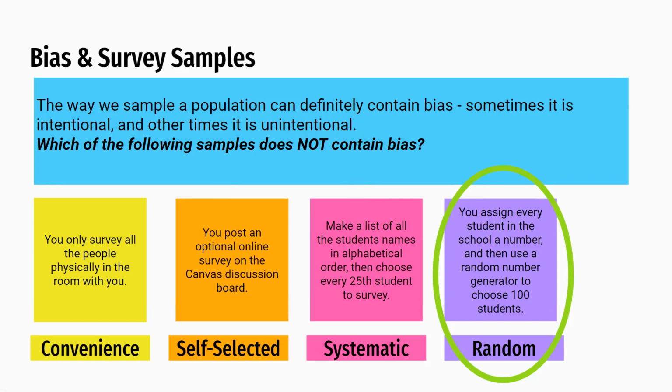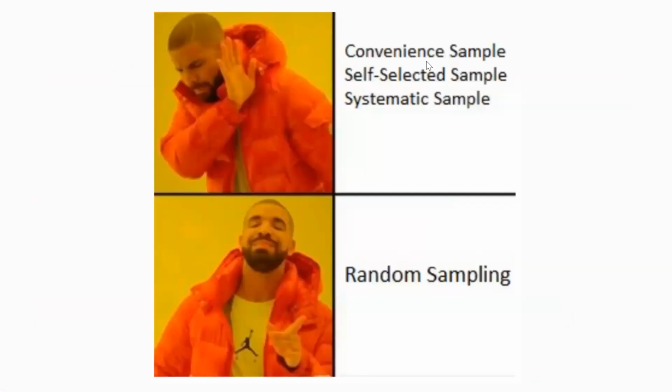If you assign every student in the school a number and use a random number generator to choose 100 students, everyone's equally likely. There's no way to have any inherent bias in that type of sampling. And ultimately, that's the kind of sampling we're looking for as we collect data, or if we want to think about how that data is being accurately represented.